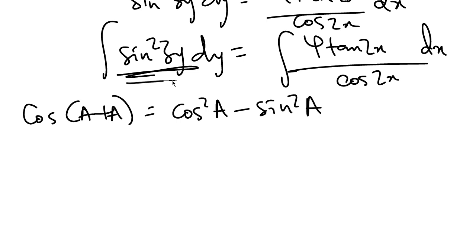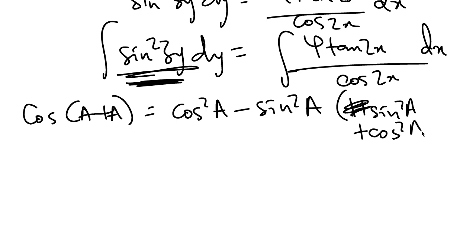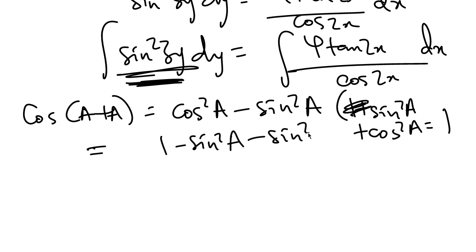We could then relate that to this over here, knowing that sine squared A plus cos squared A is equal to 1. So we could say that cos squared A is 1 minus sine squared A, and then minus sine squared A. So that becomes 1 minus 2 sine squared A. So we can relate that to this.